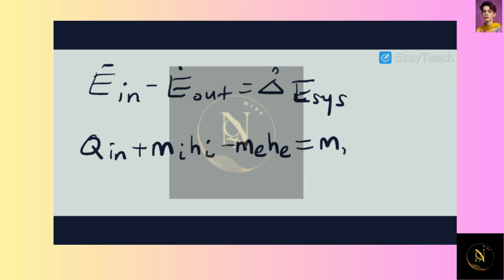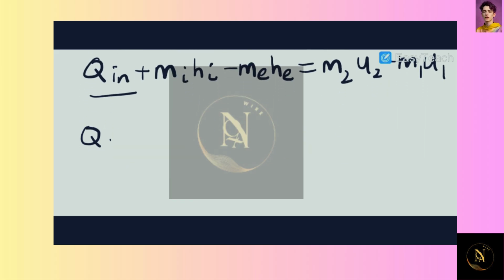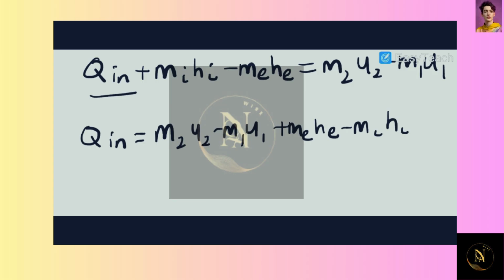So that's going to be m2u2 minus m1u1. So we can actually go ahead and isolate the heat, Qin, and say that Qin is equal to m2u2 minus m1u1 plus m_e h_e minus m_i h_i.